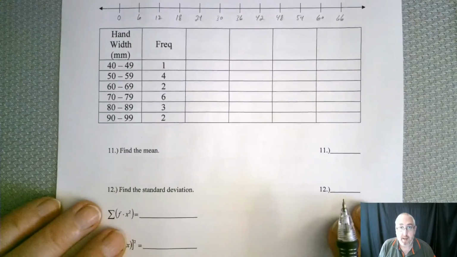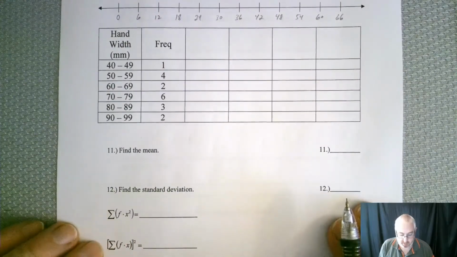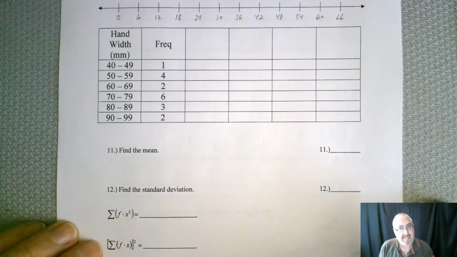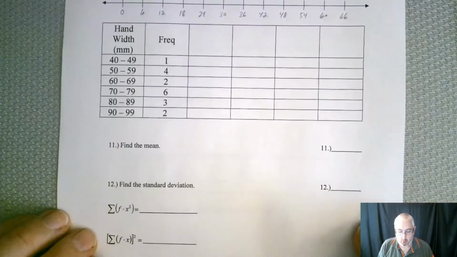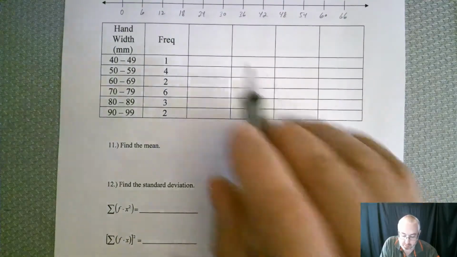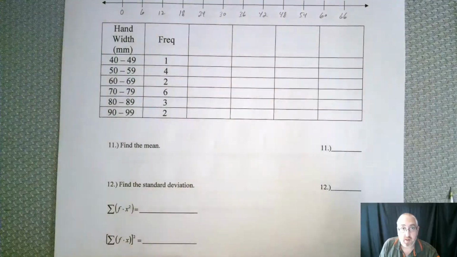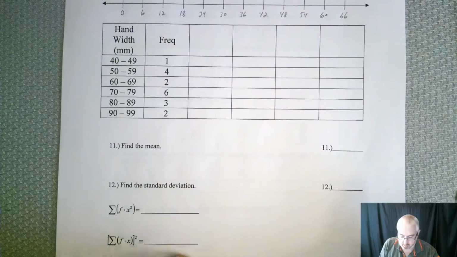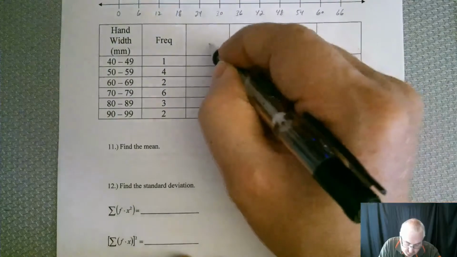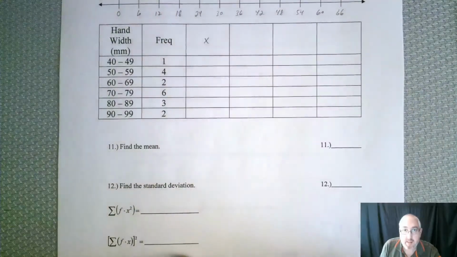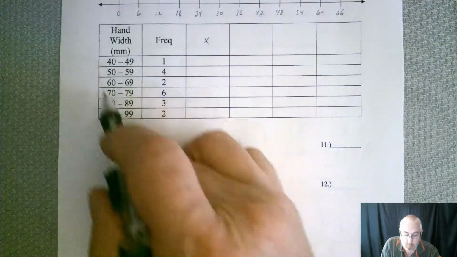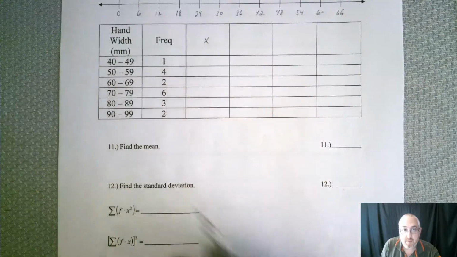All right. So now we got a frequency distribution, and we need to find the mean and standard deviation. Fun, fun, fun. Well, the first thing we should probably do is make sure we know what our titles in our table should be. So your first is going to be X, because remember, we need a representative value from each of your different classes.